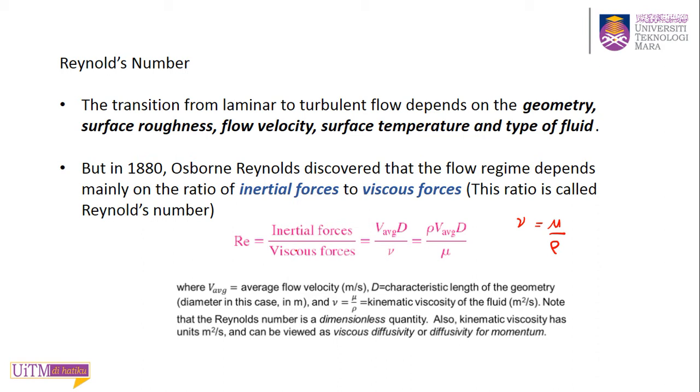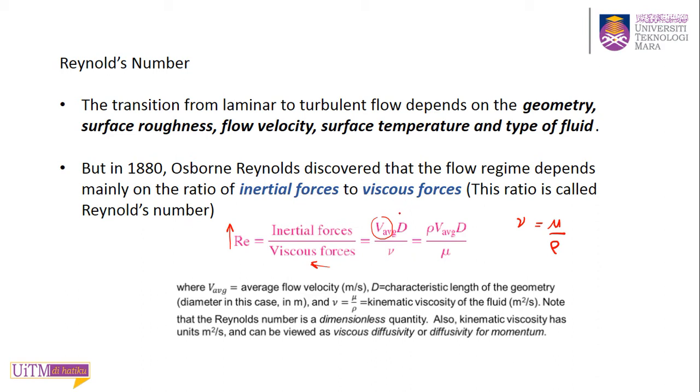So if the Reynolds number is high, because this number depends on the velocity of the flow, that means the viscous force that opposes this inertial force is very small, so you have a higher Reynolds number. And when you have a higher Reynolds number, that means your flow is turbulent.